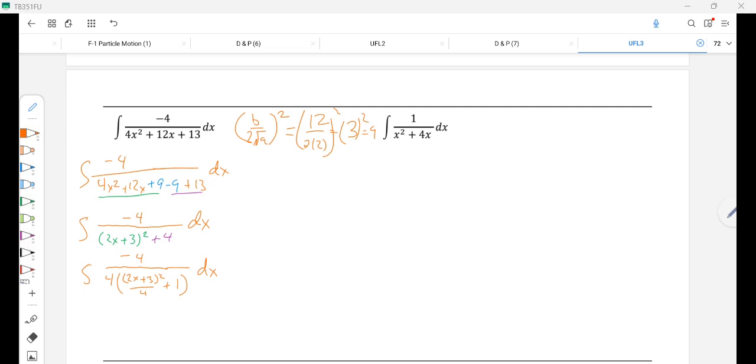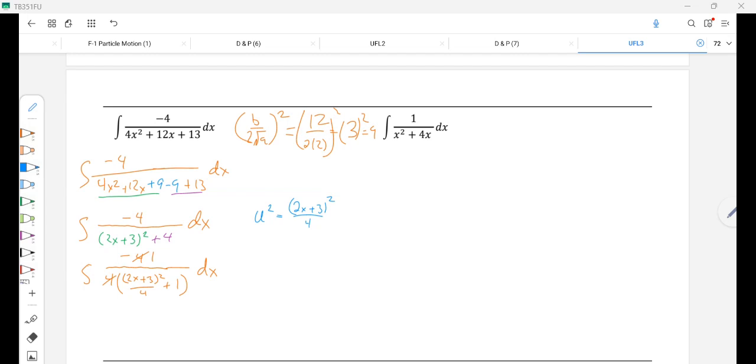But we divide to simplify. I'm going to simplify this way. All right. So now to fix this up, now correctly my u squared is 2x plus 3 squared over 4 as well.